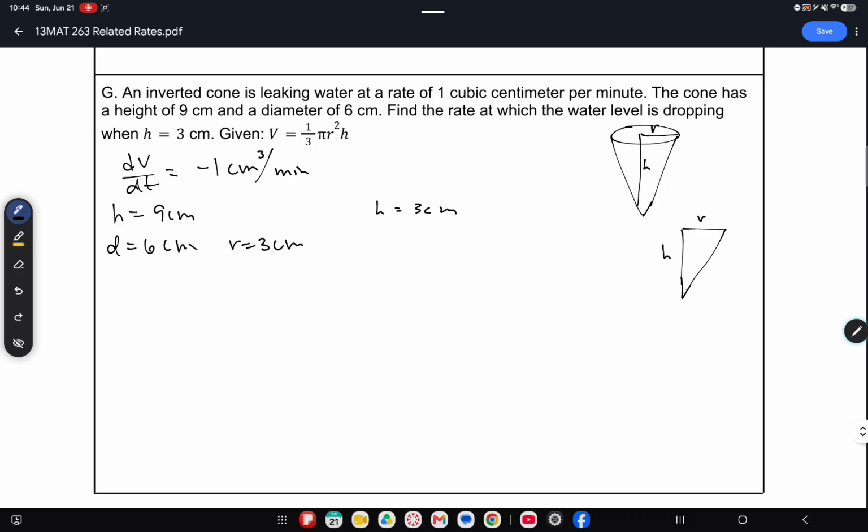So we have a height of 9 and a radius of 3. So the ratio of radius to height is 3/9, or really 1/3. And then that might be helpful here in a minute.